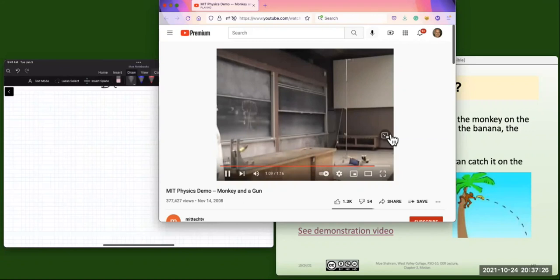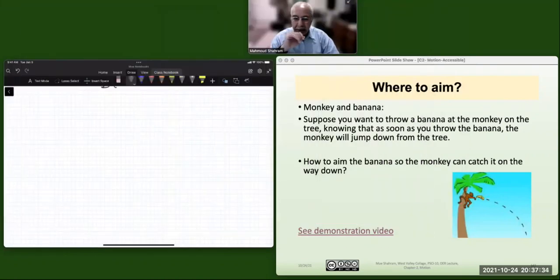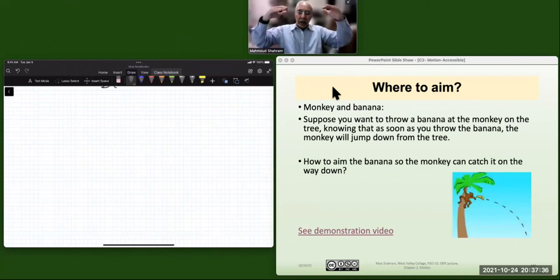But what's happening here, both monkey and the ball, they both are under the influence of gravity. So if you point at the monkey itself, gravity is going to pull the ball down as well as the monkey down at the same rate.